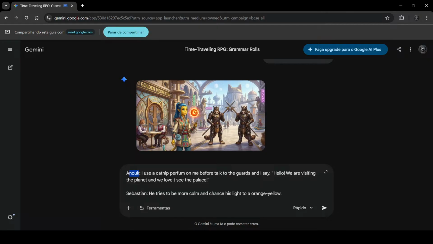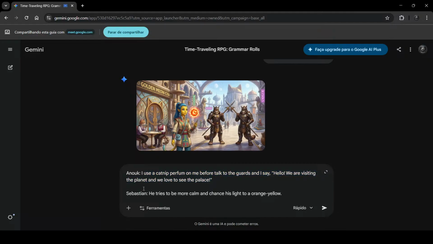Anouk: I use a catnip perfume on me before talk to the guards, and I say, "Hello, we are visiting the planet, and we love to see the palace." Is there anything here that you would like to change? No.